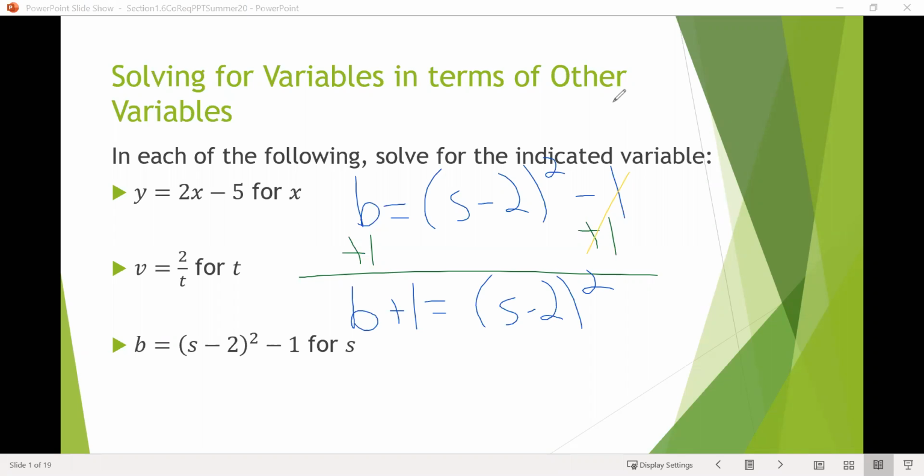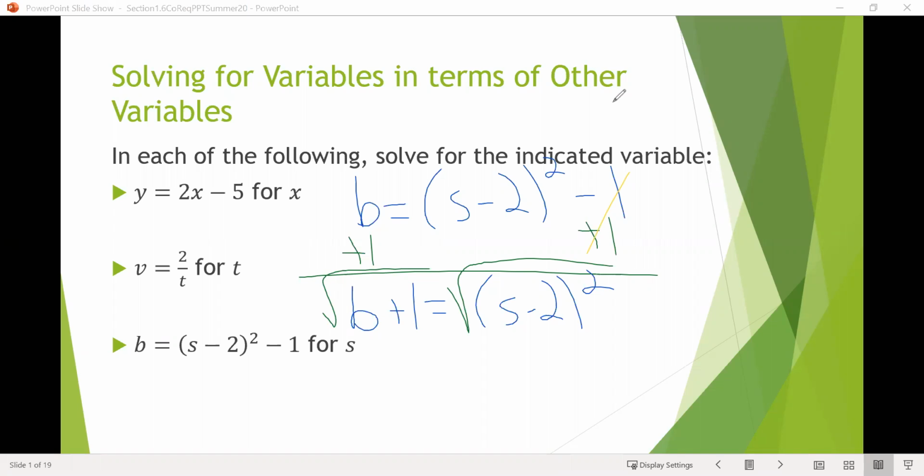Well, we need to undo the squared somehow. And as we've been talking about, to undo these things, we have to do the opposite of the squared, which is the square root. So do the square root on the left.